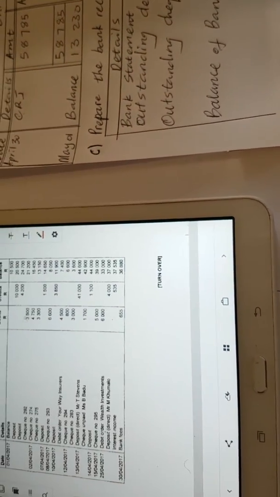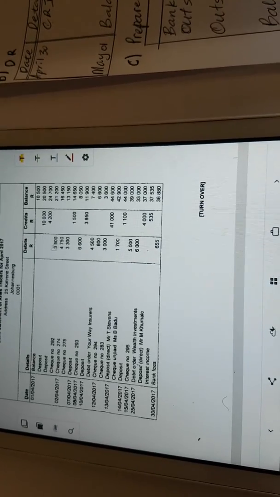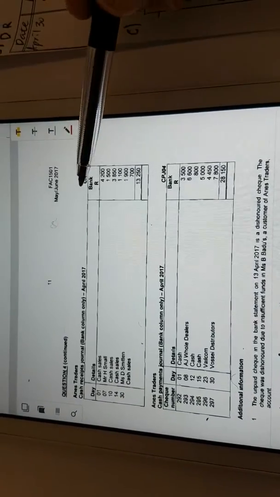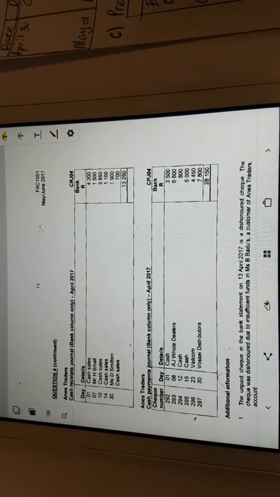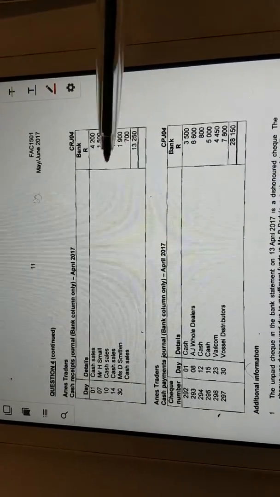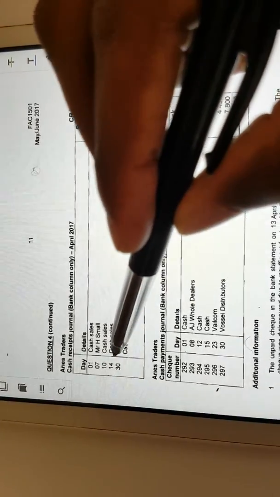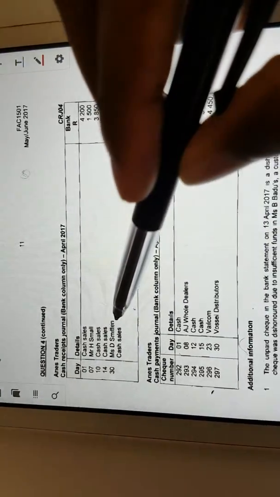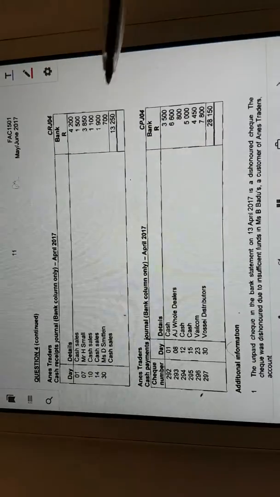Now, what are the outstanding deposits? I'm talking about the deposits that appear in the cash receipt journal, but are not on the credit side of the bank statement. We have these two deposits on the 30th of April here: Mr. D. Smitten and cash sales, 1,900 and 700.